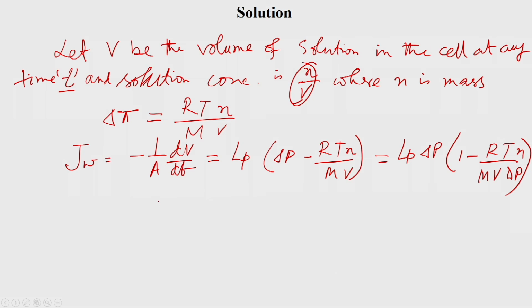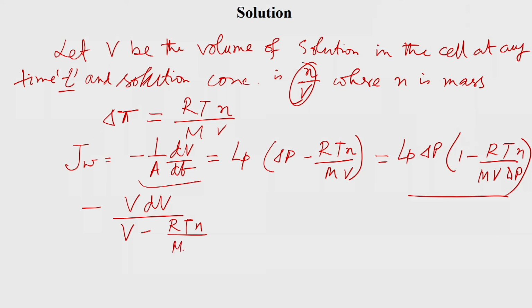So, now we will be doing the manipulation here. We will be getting V into dV just by manipulating this equation. From these two expressions, we manipulate this one as V minus R T N by M into delta P, after taking out V from here, because this V is the variable here.